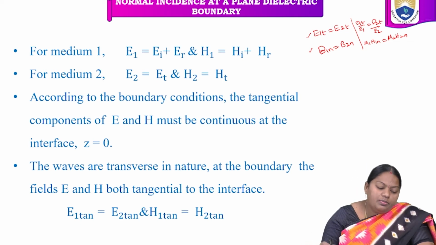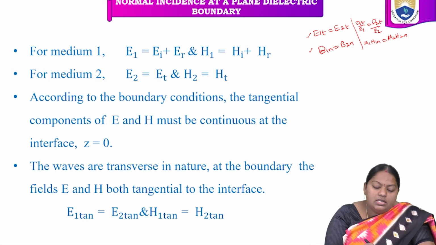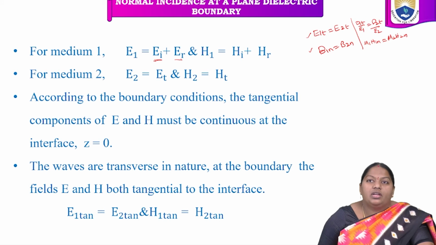So for medium 1, we will write E1 is equal to the electric field intensity which exists in medium 1, which is a combination of Ei plus Er. Why is it the combination of Ei plus Er? Because in medium 1 we have two traveling waves: one is the incident wave and another one is the reflected wave.